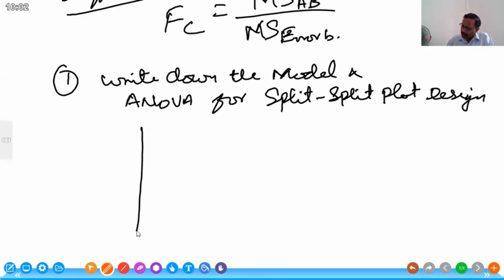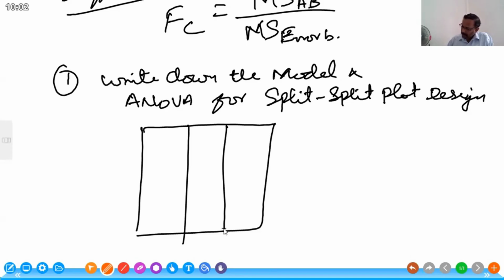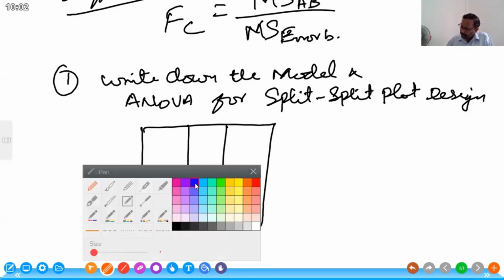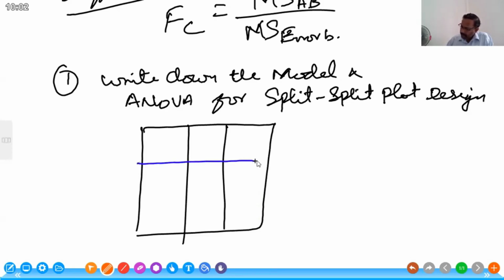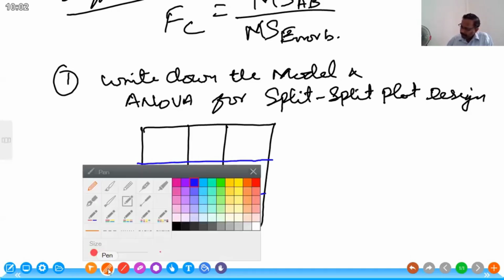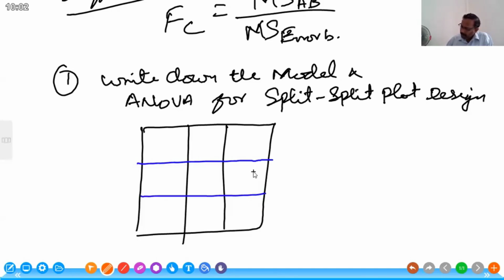So that means, as I pointed out, it has three sizes of plots. Three sizes of plots.